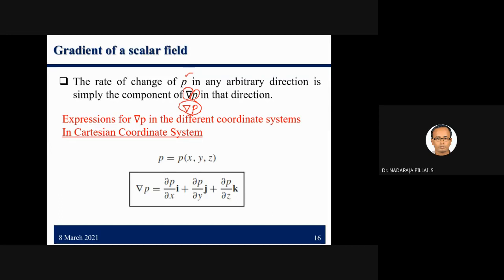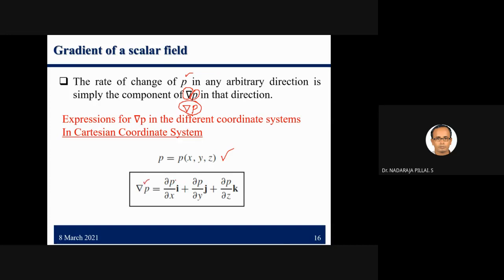Now, as usual, we know that we have P of x, y, z for the Cartesian coordinate system, similarly r, theta, z for the cylindrical coordinate system, and r, theta, phi for the spherical coordinate system. Now, how about representing del P?